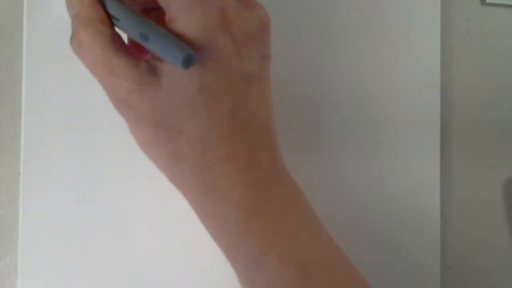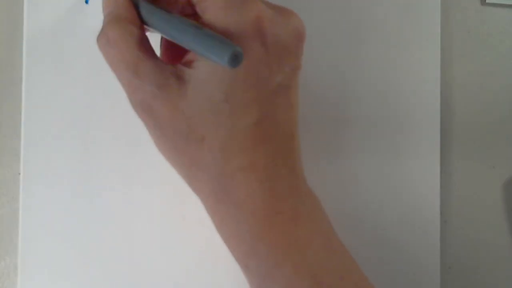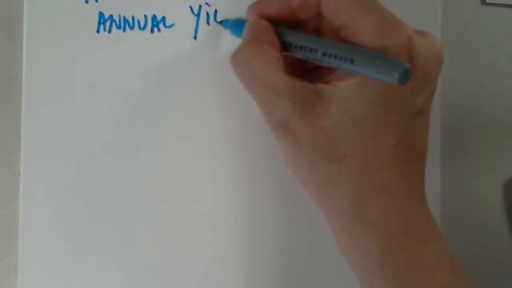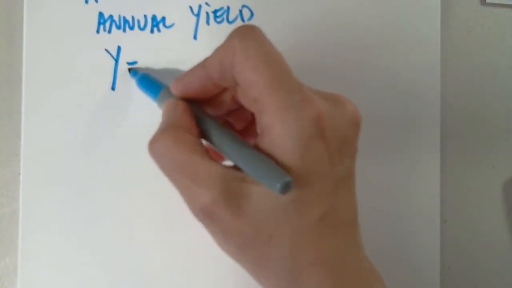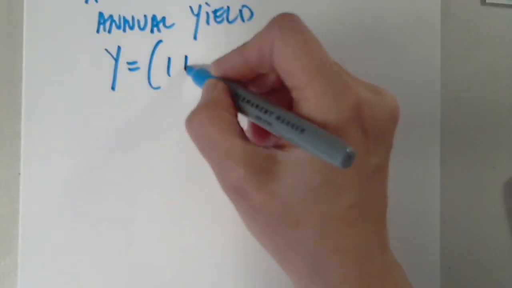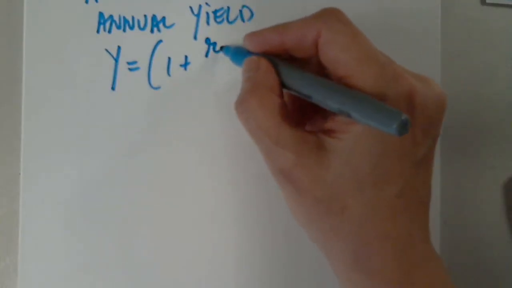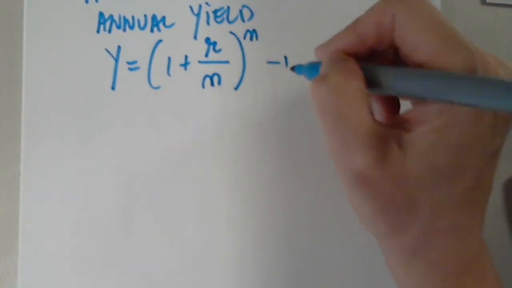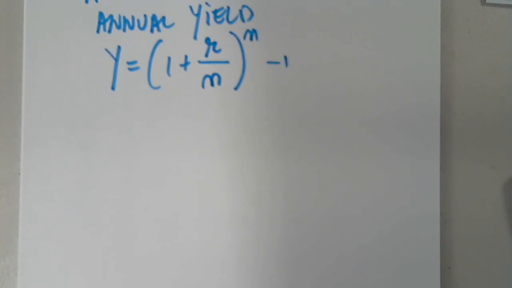So problem 42 on page 12, the annual yield. The annual yield has a formula: 1 plus r divided by n, raised to n, minus 1. And n is the number of times interest is compounded.